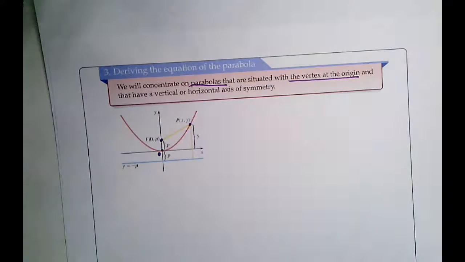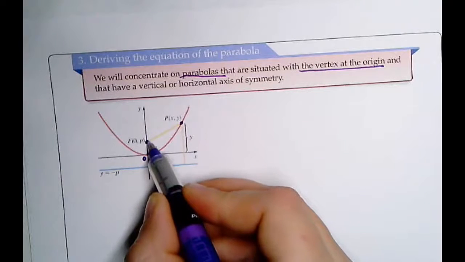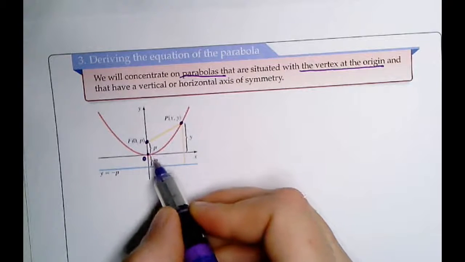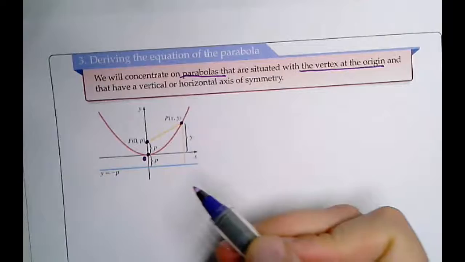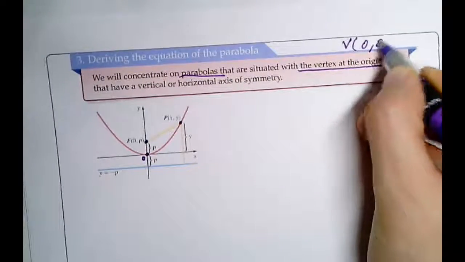Then if the focus is right here with coordinates (0, p), and the vertex is at the origin, that means the coordinates of the vertex are (0, 0).